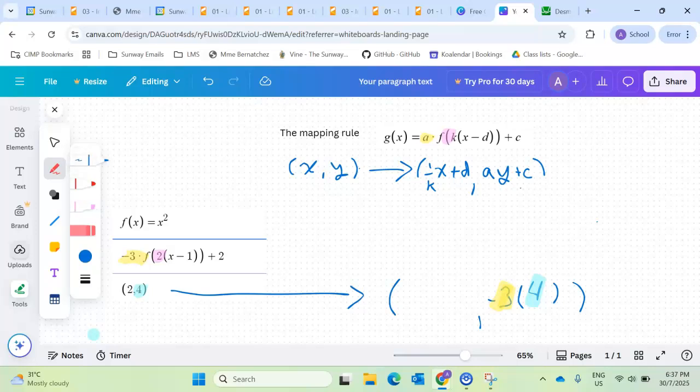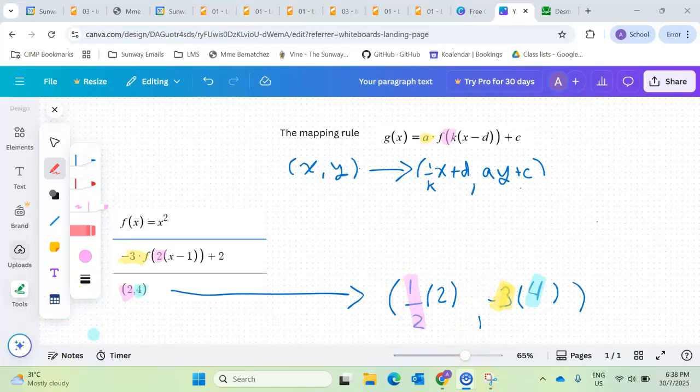What I want to do is take my x value of 2, and multiply that not by 2, but by 1 over 2. So I'm multiplying the value of x by 1 over k. That's going to give me 1. 1/2 times 2 is 1.